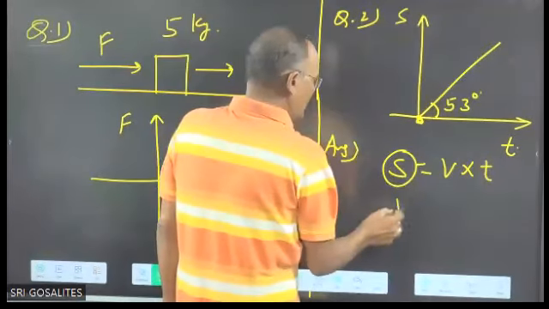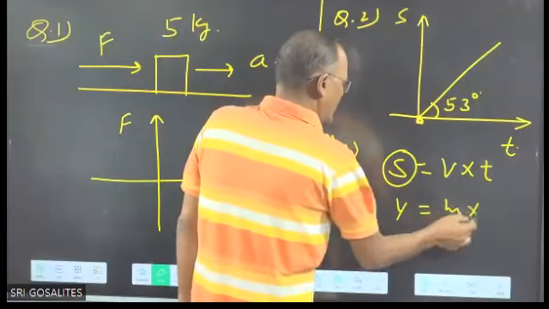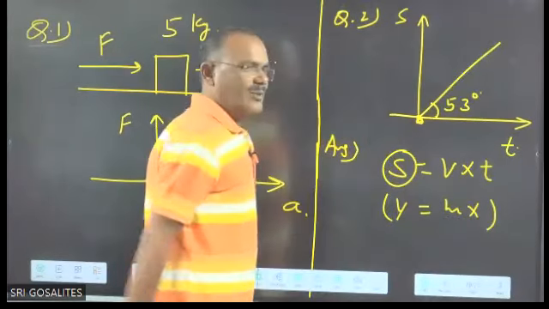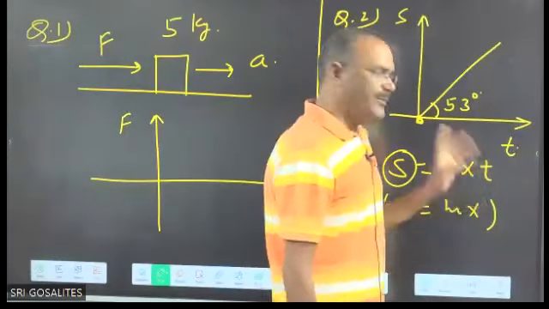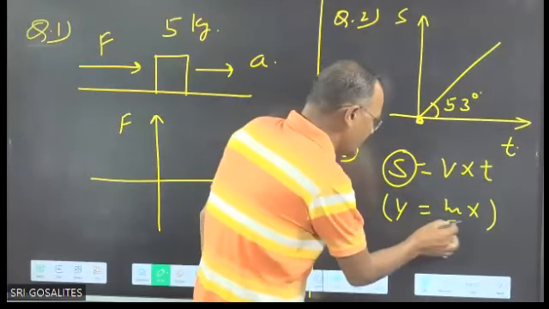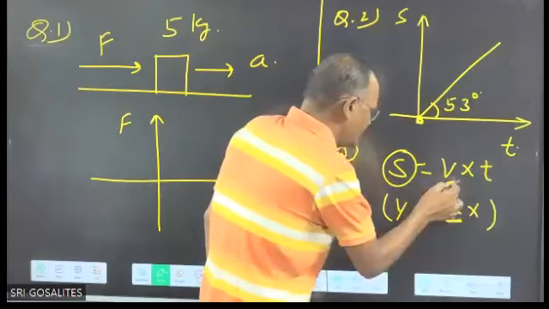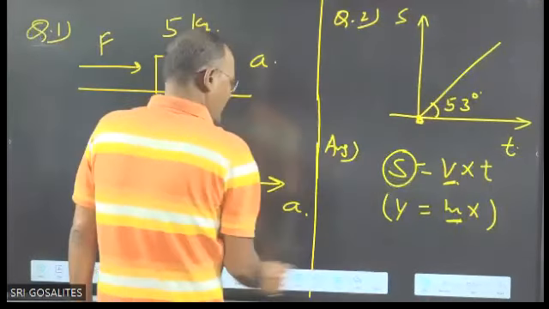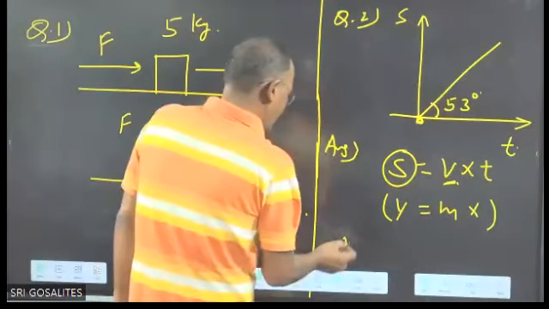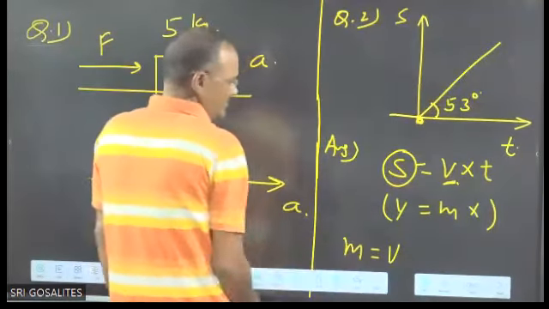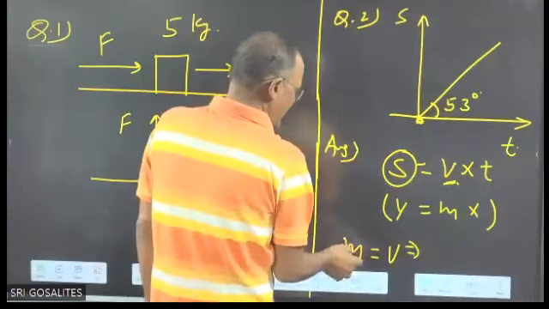This is like y equals mx. Because on the y we have distance, and on the x-axis we have time. So m is the slope, and by comparison we can say the slope of this line equals v.